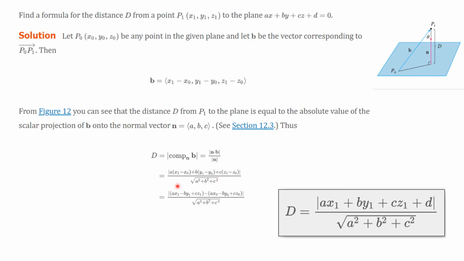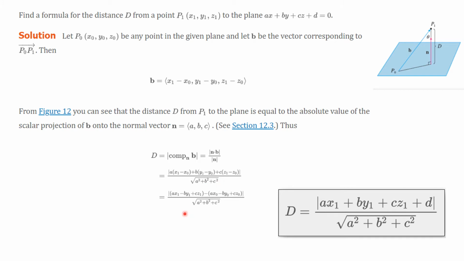And so we substitute all these things in. Let's see, n is going to be (a, b, c). So we have that, and then we're dotting that with B, so we get this product here. And then this is divided by the magnitude of n, which is the square root of all those things. And we can reorganize this.